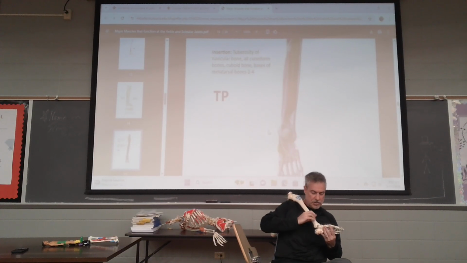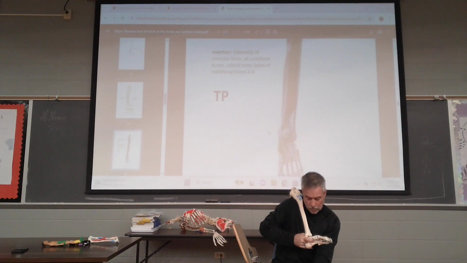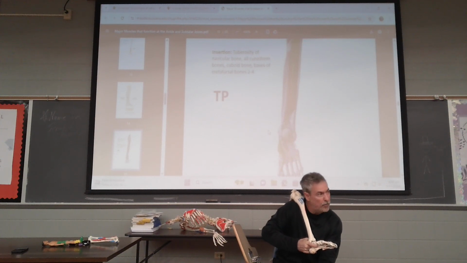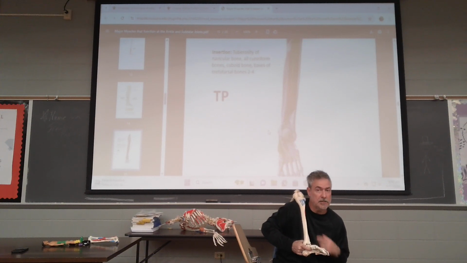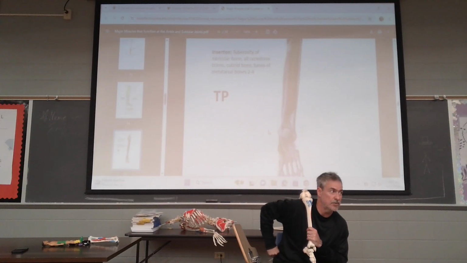Okay? So if you had a posterior medial crossing muscle that would pull in the direction of inversion, you can see how that muscle would help with our arch. And that's our tibialis posterior.